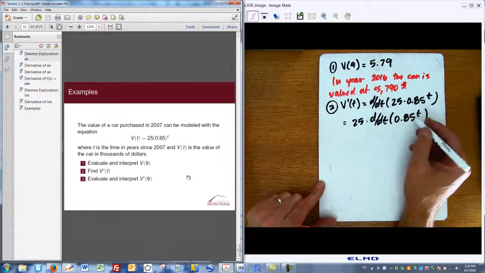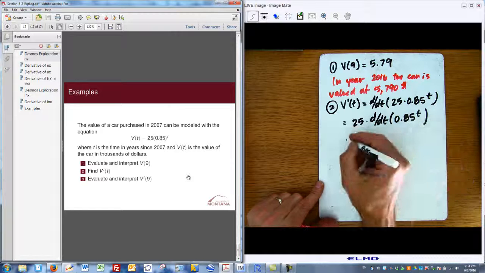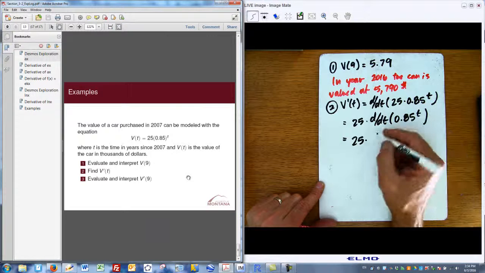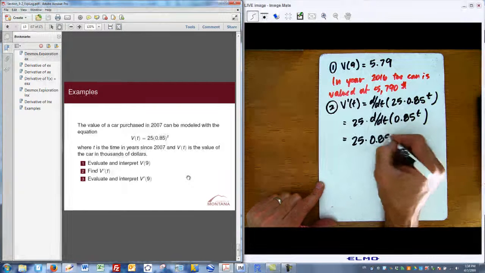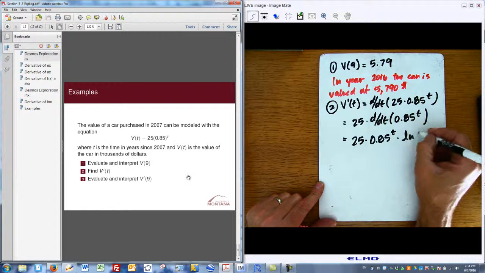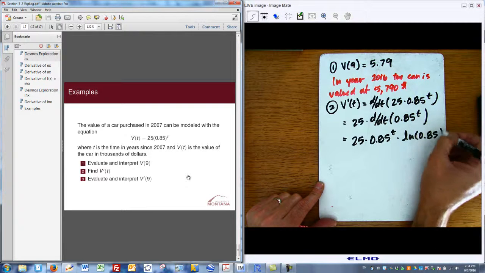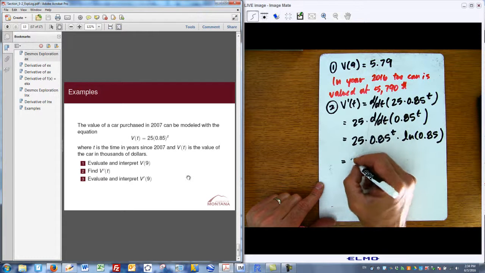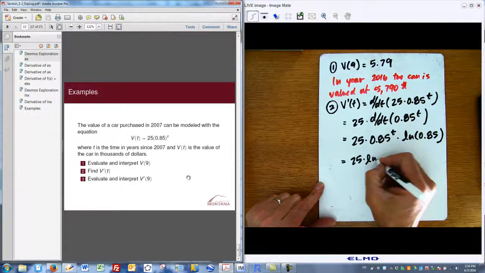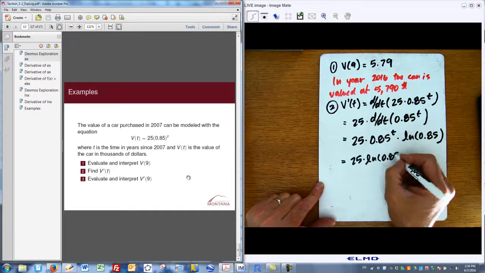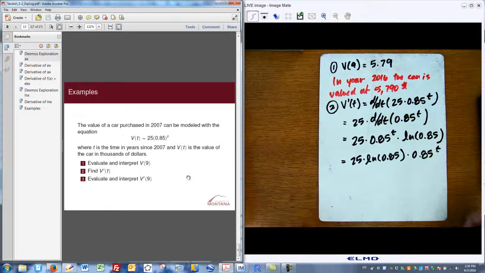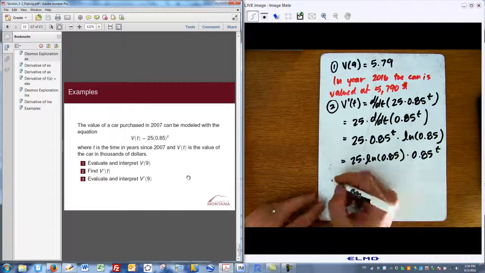This is an a to the x sort of setting, so we can use that derivative of a to the x here. So it would be 0.85 raised to the t times the natural log of 0.85. And probably should put those out in front. 25 times the natural log of 0.85 times 0.85 raised to the t would be a perfectly acceptable way to leave it.